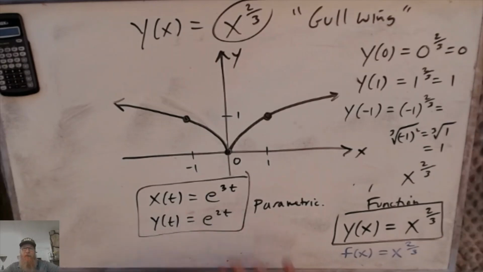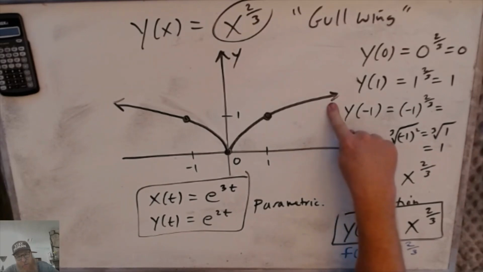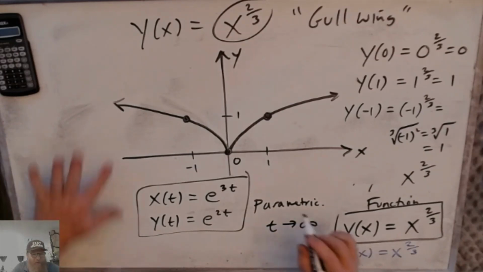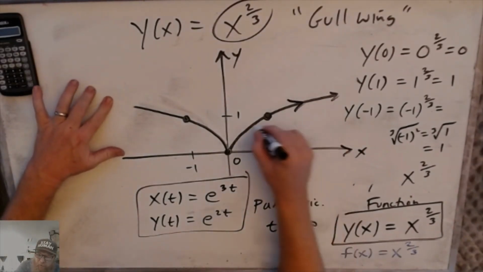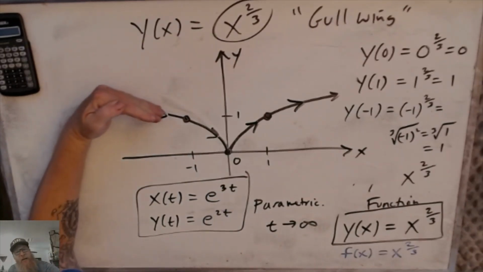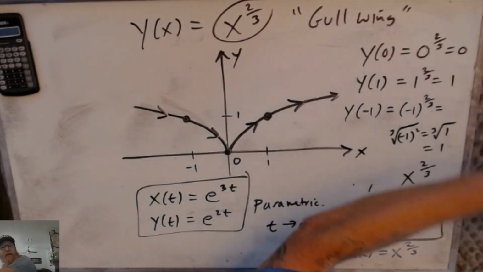Now, again, the parametric equation depends on t, so not both of these arrows can be true. If t is going to infinity, then these arrows would be going to the right. So you can imagine it coming in like this, bouncing, and then coming back up and going that direction.